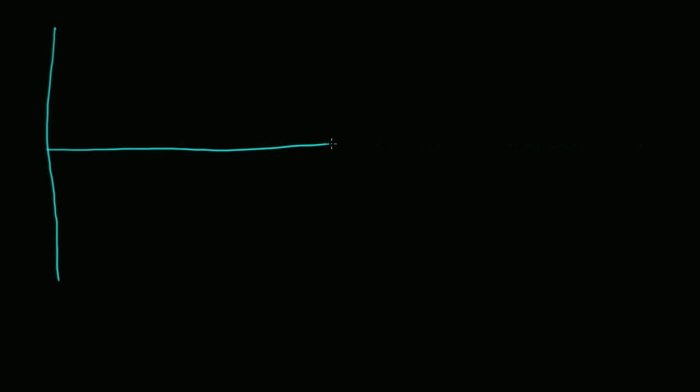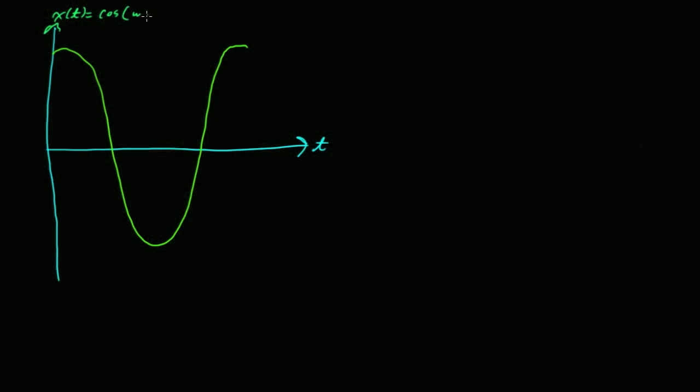That's our strategy. Okay, so here's a cosine. And you will recall that x of t equals cosine omega t. Now, let's start taking samples. So I'm going to have a sample here, sample here. I'm just sort of drawing these arbitrarily. Don't sweat too much exactly how they're spaced.